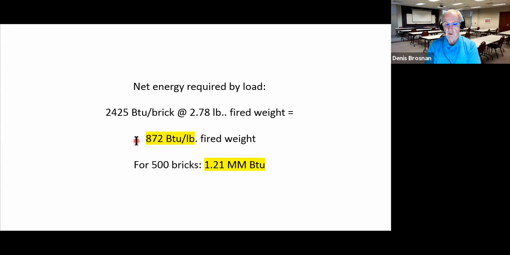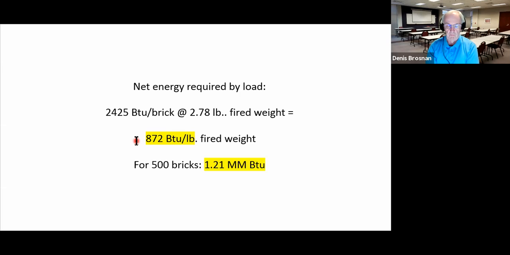Now let's just think about that number for a minute. There are a lot of people who've calculated the theoretical energy to fire a brick. It depends on the particular raw material that's being mined. Of course, it's natural material, so it's going to vary a little bit and have not only clay, but quartz and other things in it, carbonaceous matter and things of this nature.